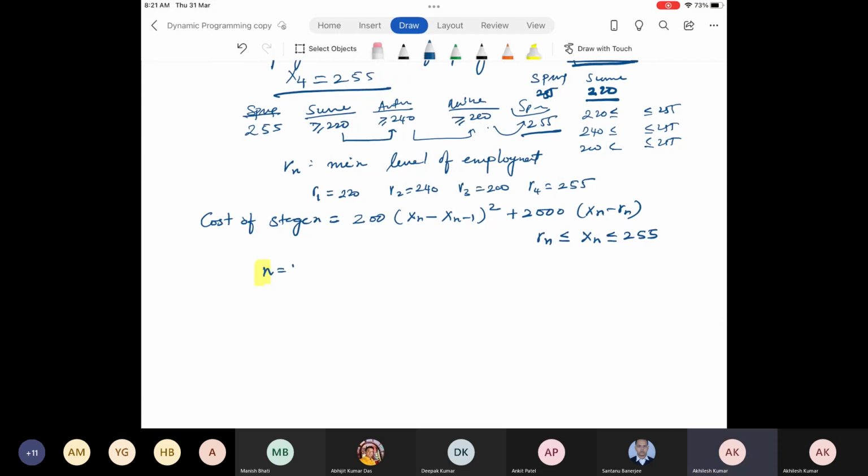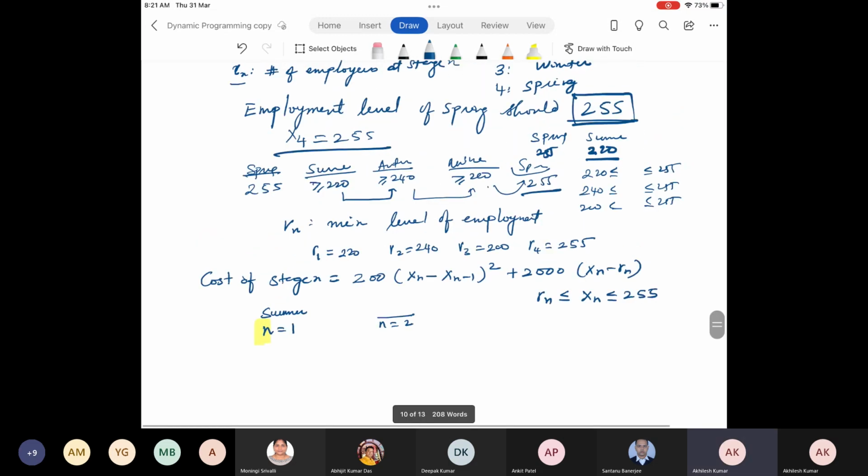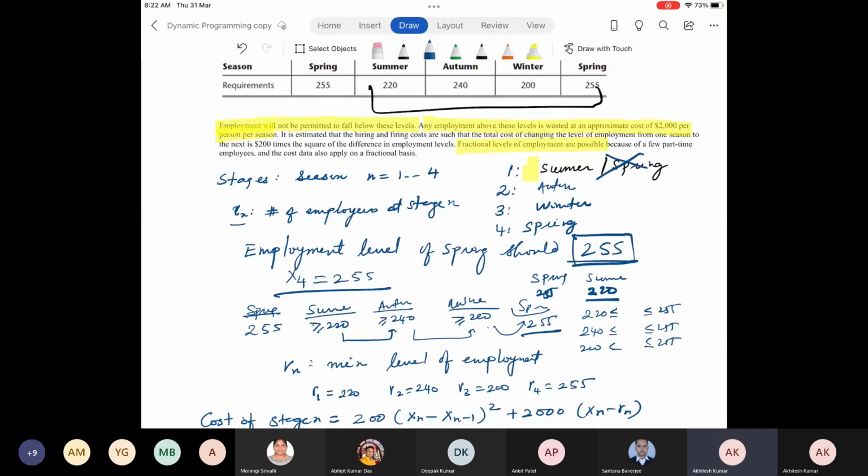So N equals 1. Sir, please, how is a fractional level of employment possible? It's not clear to me, sir. We have said how it is possible. Read that line. A few part-time employees.